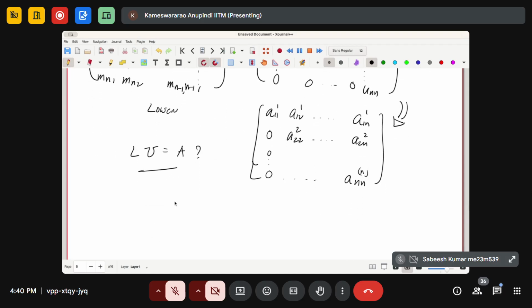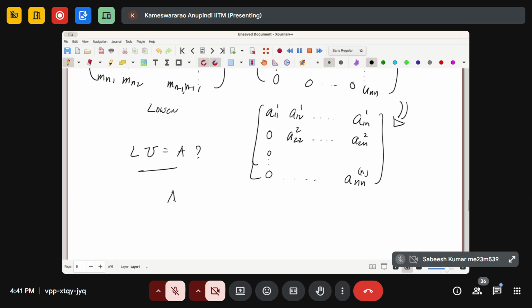The idea is that instead of applying Gauss elimination and making all these multipliers and so on, we would like to decompose into two matrices, L and U, and keep these L and U as the triangular factorization of the matrix A, such that we can solve Ax equal to B for different right-hand sides using LU instead of A. How does that work?